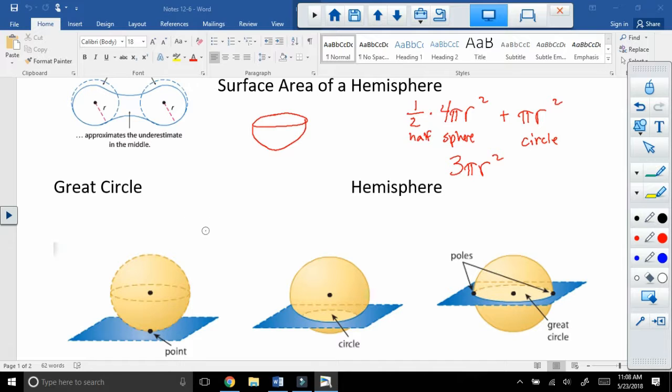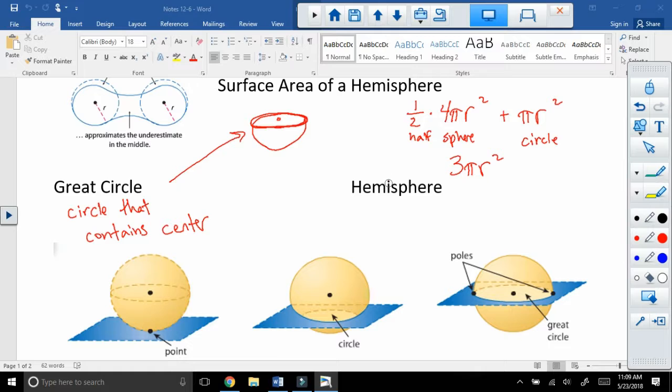Okay, some other vocab for you. The great circle is the biggest circle. It is the circle that contains the center. So if this were a hemisphere, this circle here would be the great circle.